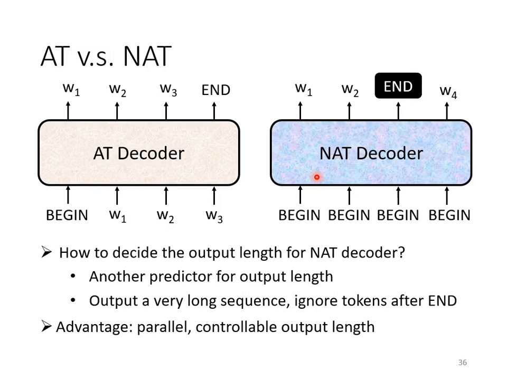As we have discussed just now, how do we decide the output length of NAT decoder? You may have a classifier to determine the output length. If you are doing speech synthesis and you want your system to speak faster, you can divide the output of the classifier by 2, and it speaks 2 times faster.